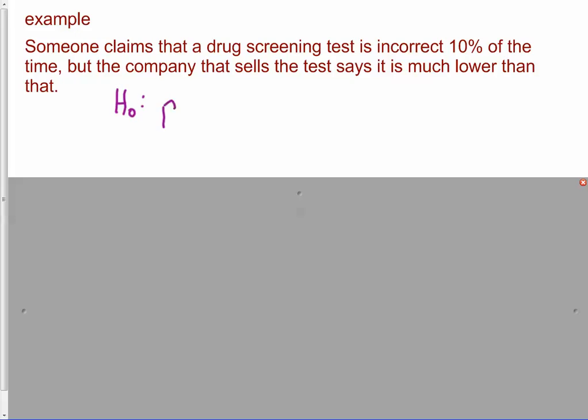On one hand, we say the null hypothesis will be that p is 10%, and the competing claim is that it is less than 10%. Here, p is the proportion of times it's incorrect. All right. And let's just go with a traditional 0.05 significance level. All right. So that's the setup.